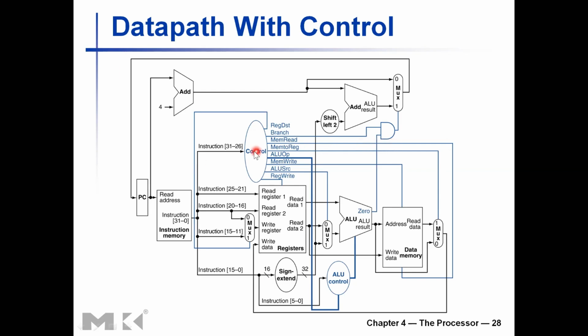The control unit is reading the opcode of the instruction and generating that memread signal to be sent to the data memory, whether to read data from the given address. Yes, if you need to read data from a given address.